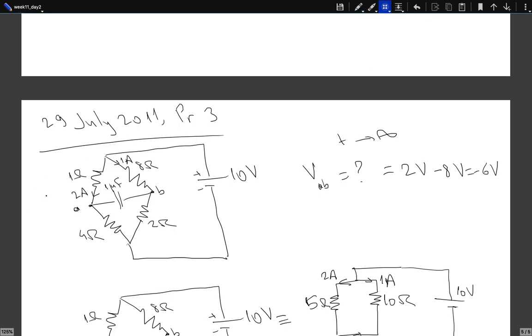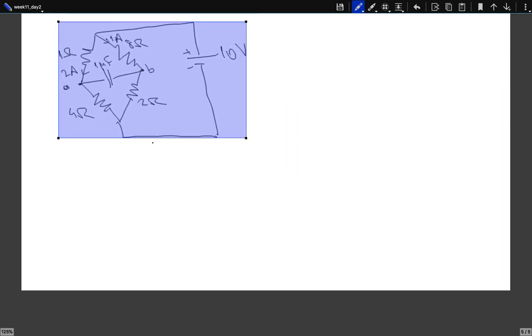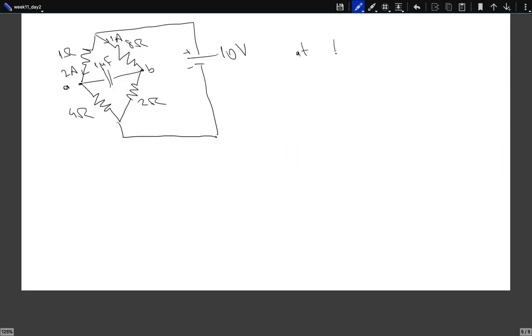So what is the crucial thing about when the switch is closed? There is no charge. So it is as if there is no capacitor there. It's just a short circuit. So that circuit is essentially this one.